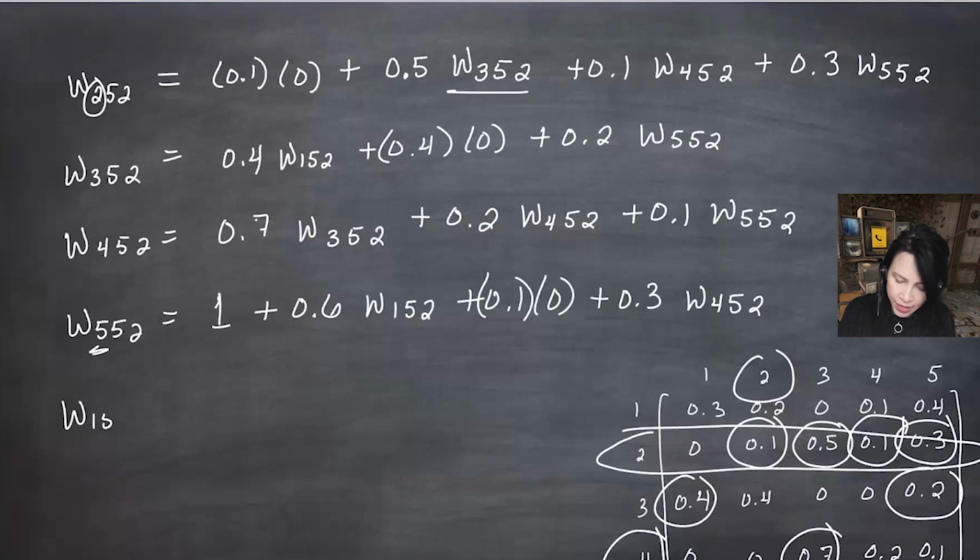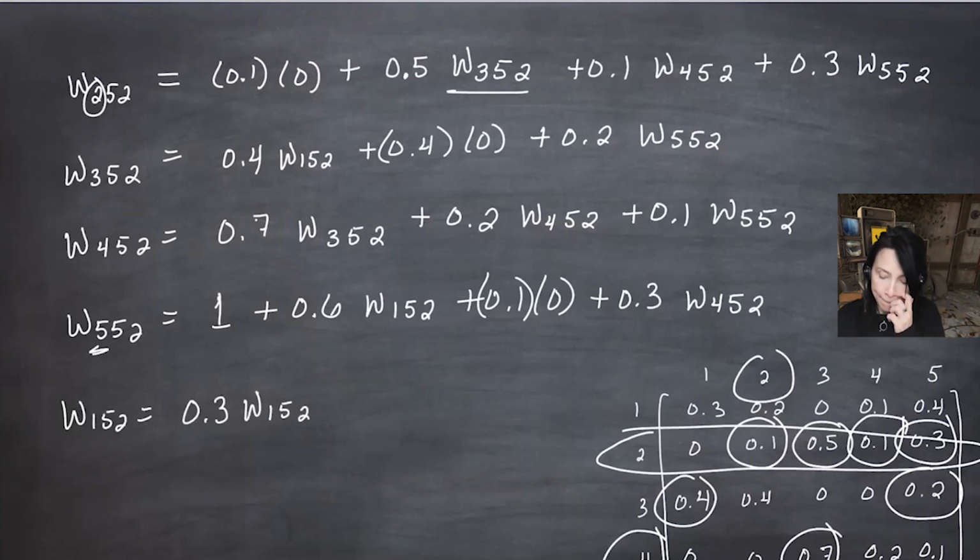So W152, I'm going to look at the 1 row of the matrix. With probability 0.3, I've gone from 1 to 1. And so now I just want to say, starting with 1, what are the number of hits on 5 before ending at 2? With probability 0.2, starting at 1, I've gone to 2, and it's all over. There's no hits on 5.